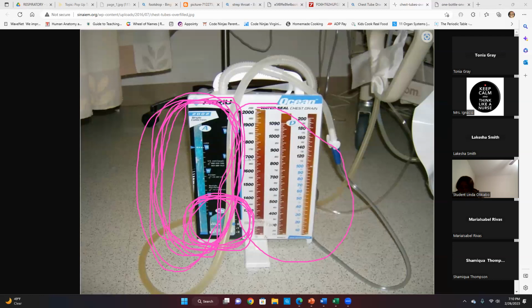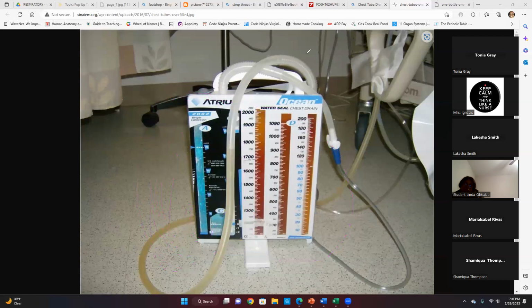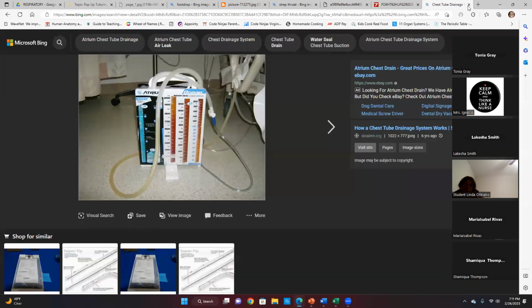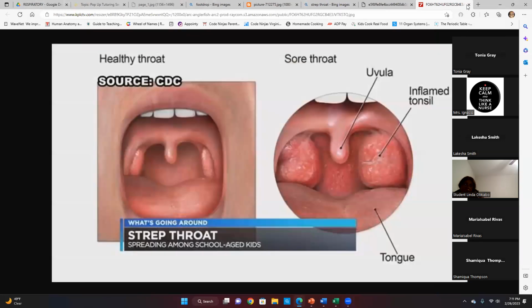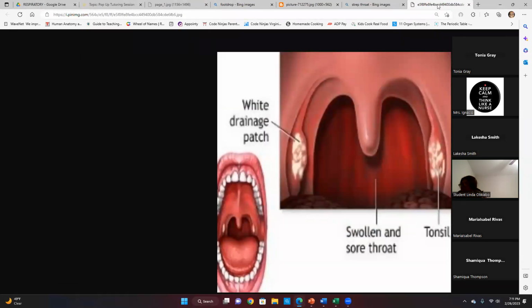Where can you monitor your patient's O2 saturations? Where are all the places? In the forehead, okay, yes, the forehead. Where else?